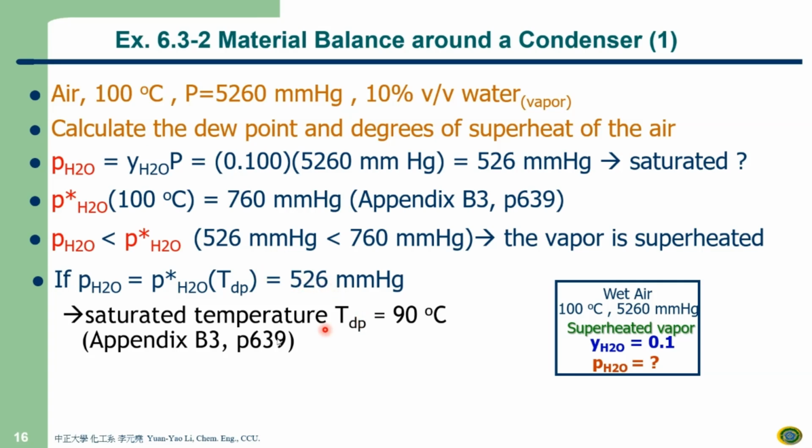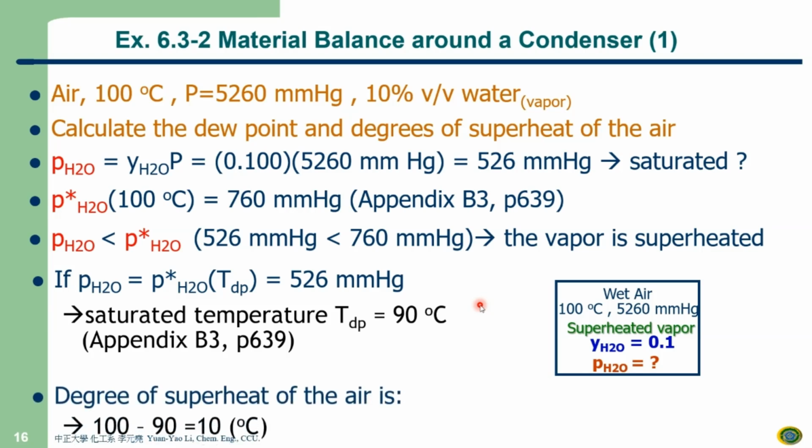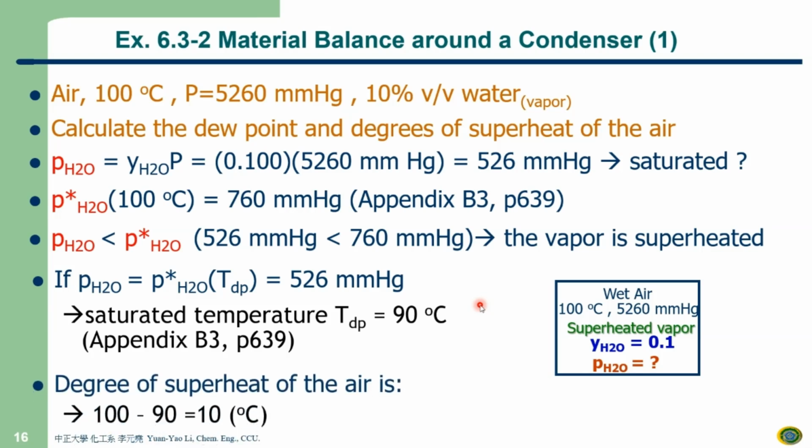So you check the table: if you have 526 millimeter mercury, what is the temperature of the water? We find the temperature is 90 Celsius. So the degree of superheat of the air is 100 minus 90, equal to 10.